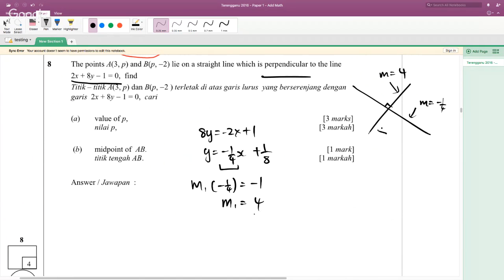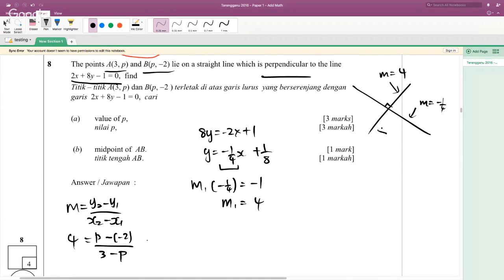So since I know the gradient is 4, what I will do is use this A and B to form the gradient formula. M equals y2 minus y1 over x2 minus x1. So my m over here will be 4. My y, I can just say p minus negative 2, over 3 minus p.